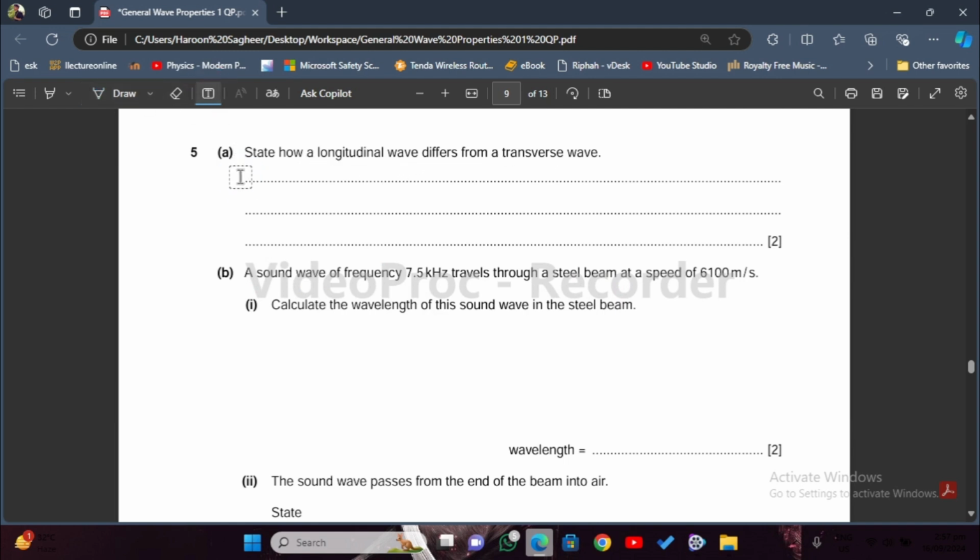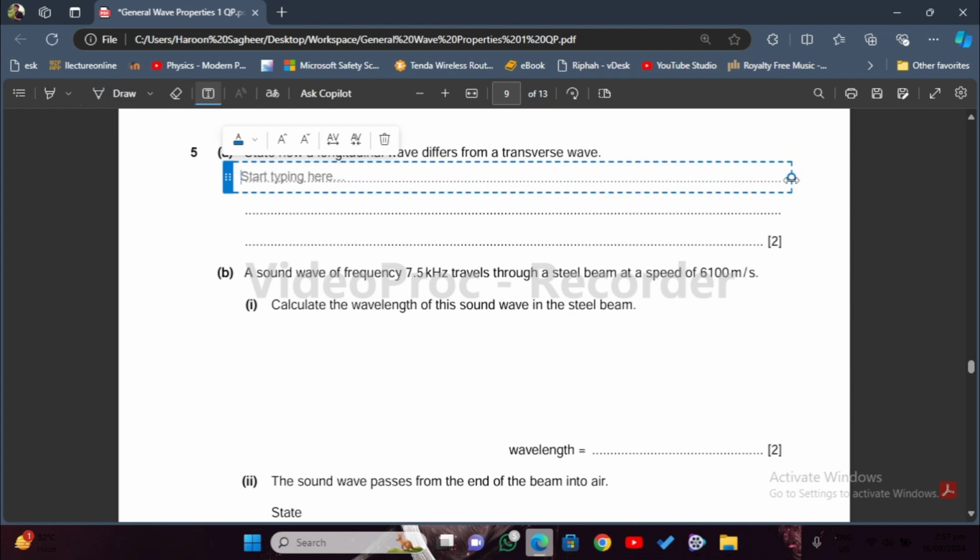Very easy. In longitudinal waves, the molecular vibration is parallel to the direction of propagating waves. Alright, now that's it. We can write in the next line.